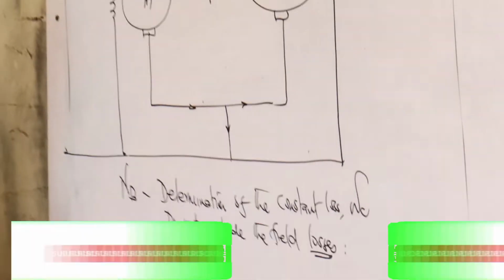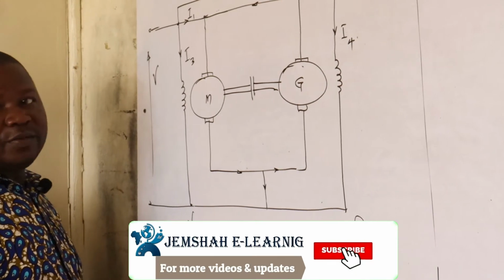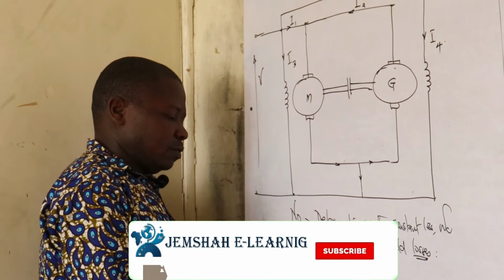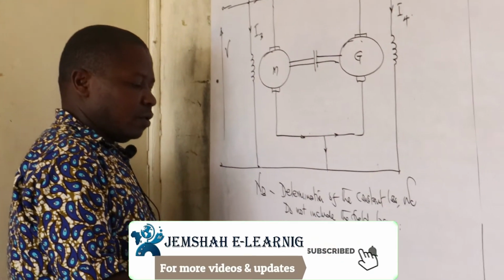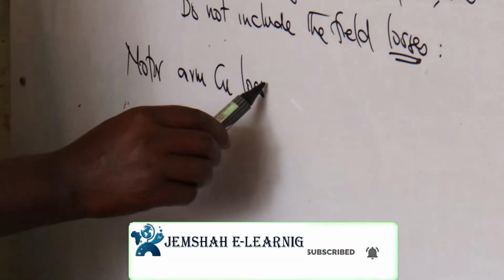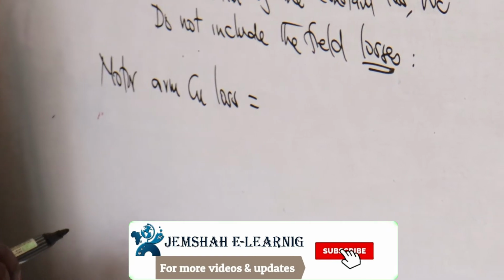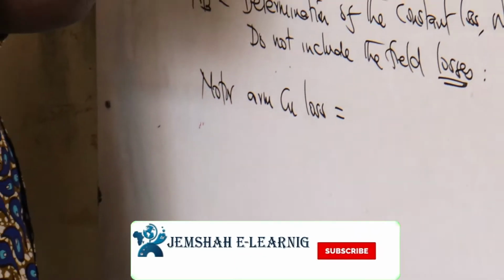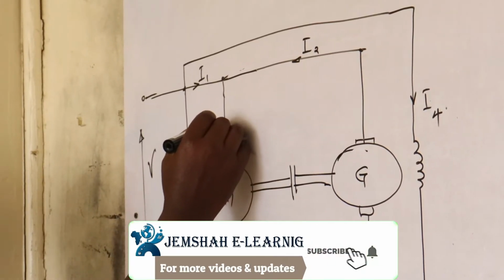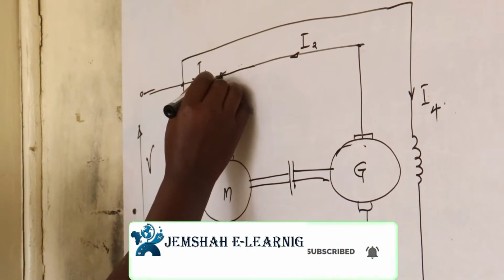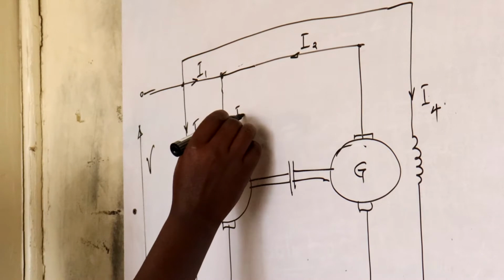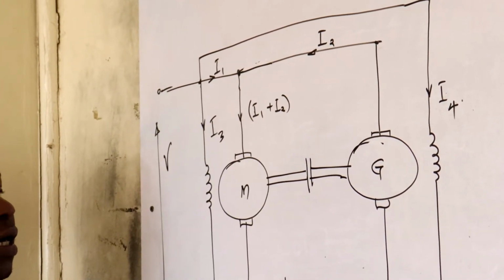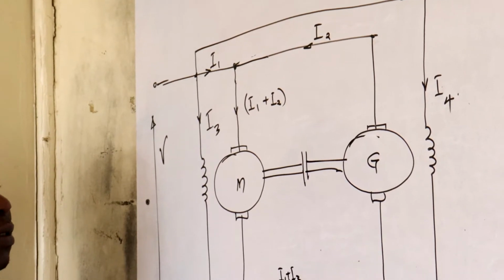So if we begin with this in the theory, we can begin by getting the motor armature copper loss. Remember the armature is here. So what will be the armature current? I1 plus I2.